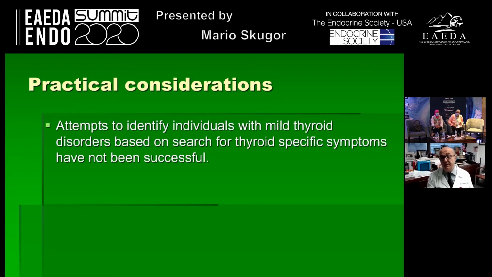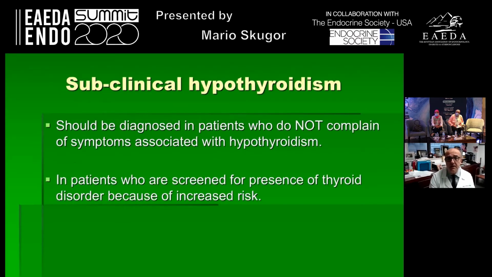On the opposite side, hyperthyroidism, increased anxiety, a little bit of tremor, feeling hot, not being able to sleep, a little bit of diarrhea. Those are also symptoms that are not very specific. So trying to just look at the patient and decide if they have a healthy thyroid has not been successful. So really you have to use the laboratory measures to see if the thyroid is in a normal range or not.